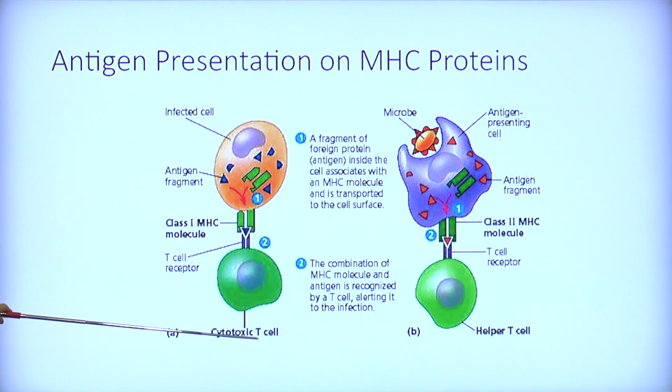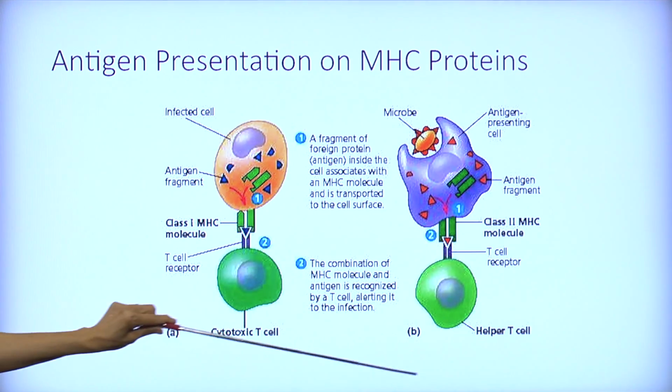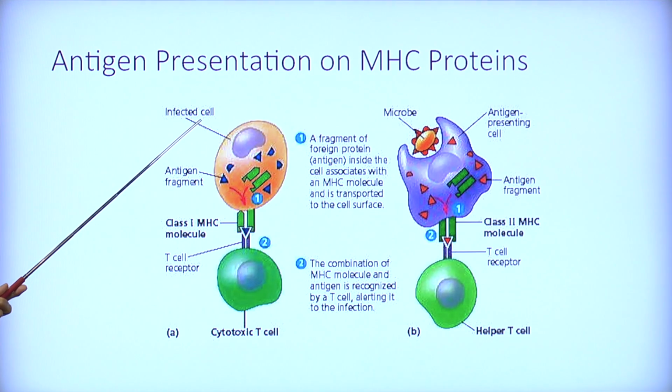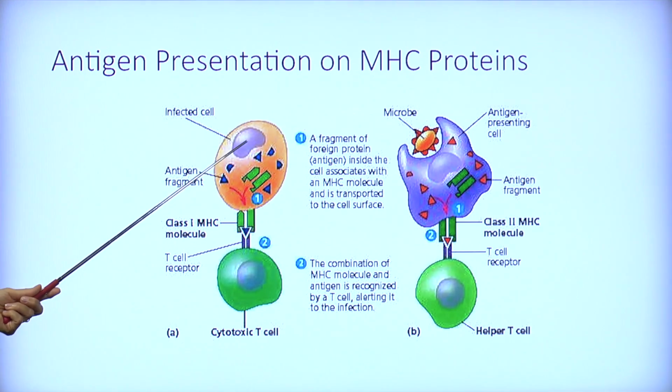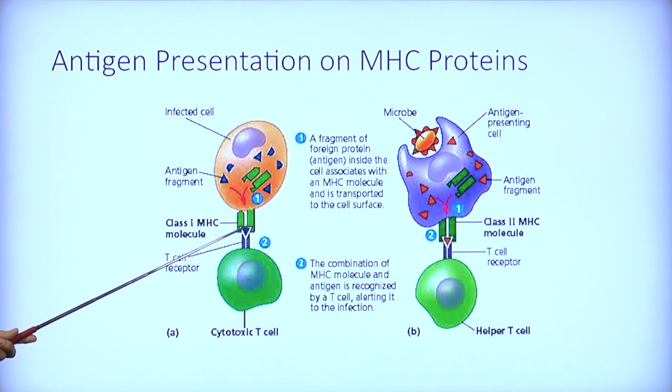Let's look at the cytotoxic T and let's look at the helper T, what is presented to them. So when we look here, if this is an infected cell, the infected cell is going to take an antigen, break it down, fragment it, process it, and then this is the MHC. It's going to take part, a very specific part, the epitope of the antigen, and present it on the surface.